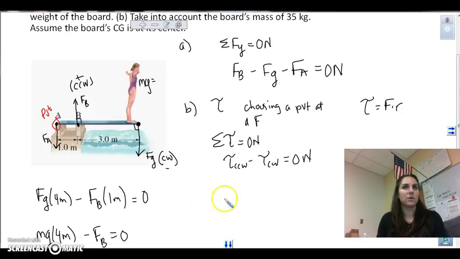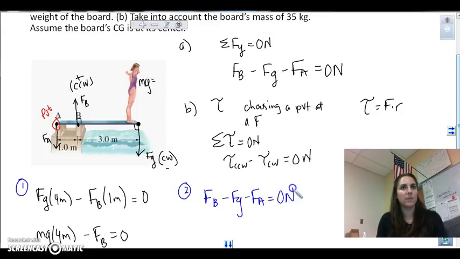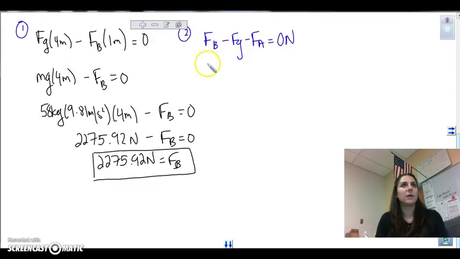I'll do this in a different color. This was basically step 1. Step 2 is to use this relationship to solve for A. I'll do that by just moving this over, so you can see that FB minus the weight of the person is going to equal that.